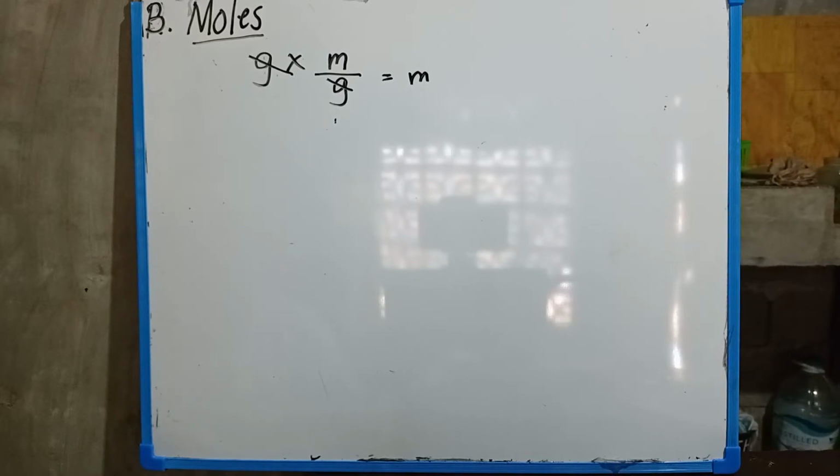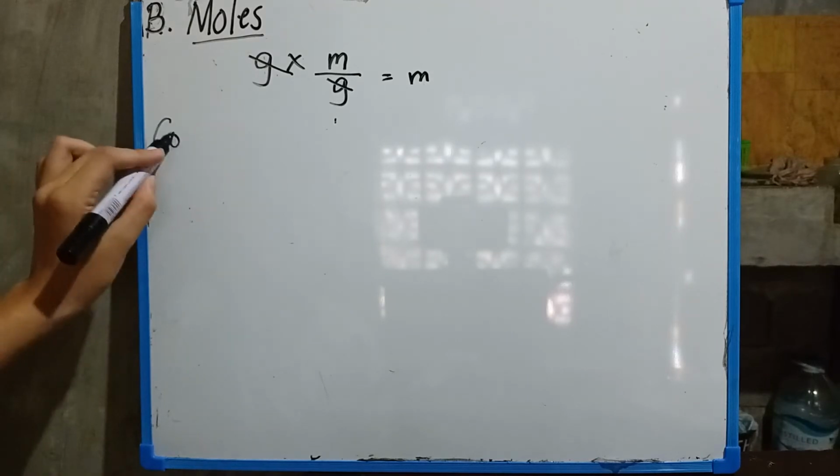So how many moles of beryllium dioxide are in a thin window of 3.24 grams? So we have a mass of beryllium dioxide which is 3.24 grams. So how are we going to get the moles of beryllium dioxide?